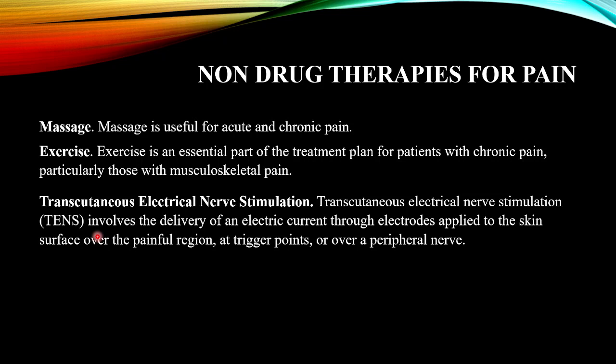It closes the gate. When you rub or massage the body, the inhibitory neuron gets activated and it closes the gate. This is mainly the mode of action of non-pharmacological pain management.